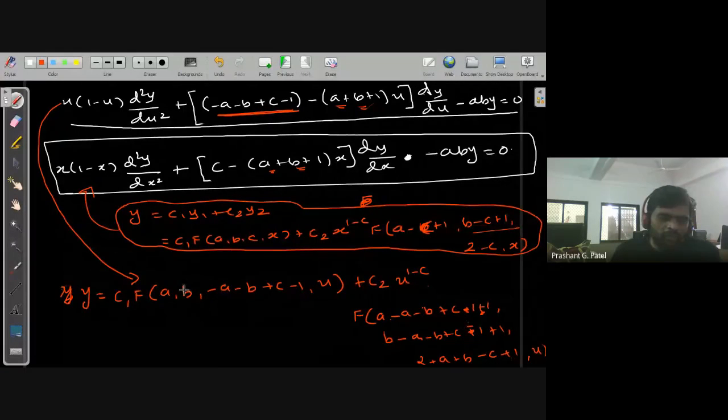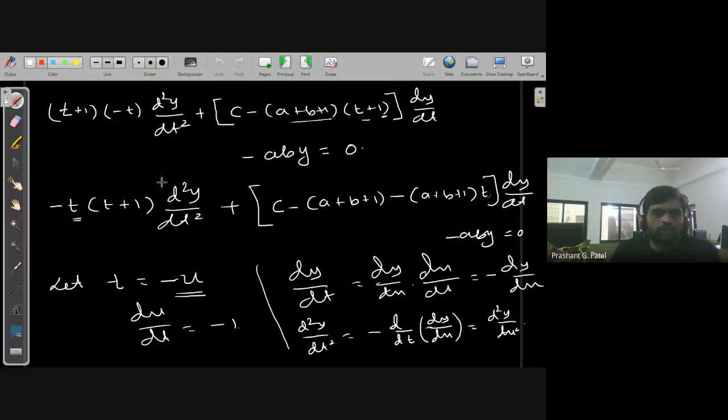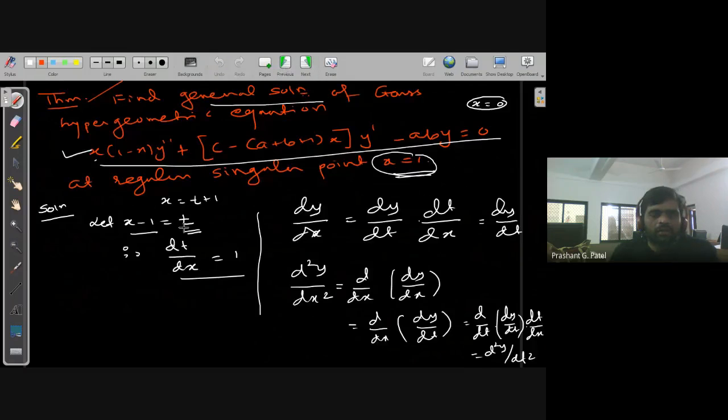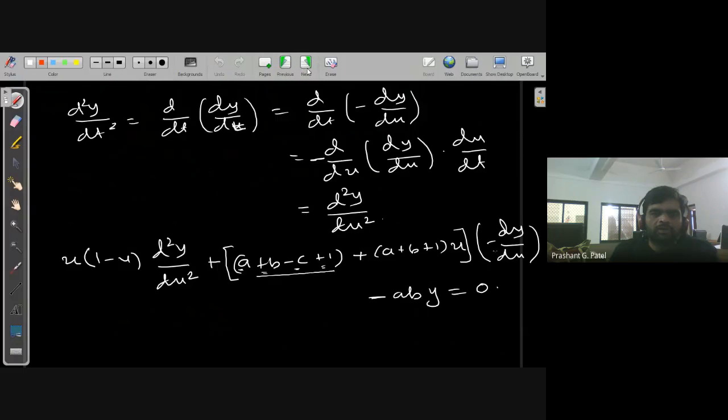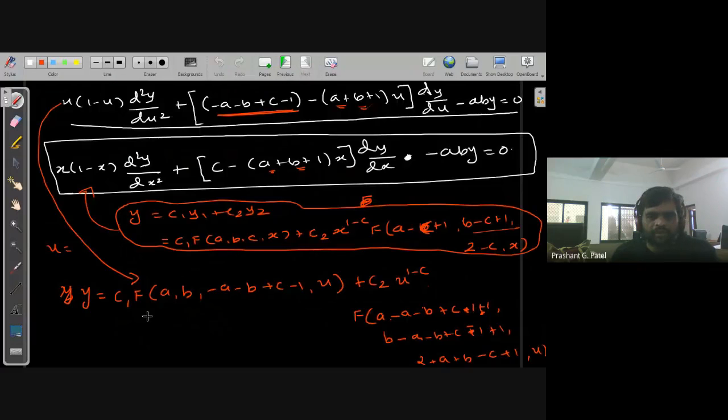And again you substitute the value of u. What is the value of u we have? The value of u we have assumed as minus t. But what is minus t? Minus t is nothing but x minus t, so the minus t will be 1 minus x. So instead of u we can substitute 1 minus x here.